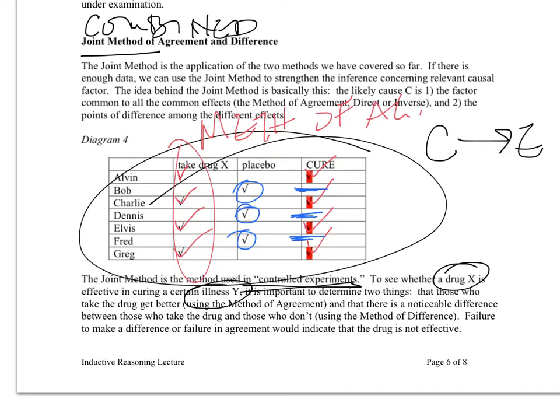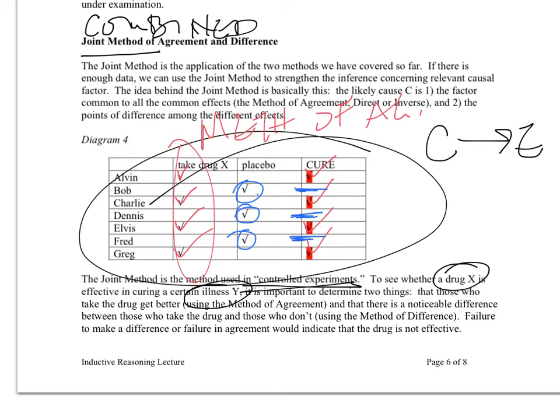It's usually in the form of a sugar pill where you basically administer something that looks like a drug as far as everyone is concerned, but it actually doesn't have that active ingredient. And placebos are very effective in the method of difference to guarantee that the drug that you're testing for is actually effective. Because if the drug that you're testing for is no more effective than the placebo, it means that the drug really doesn't do anything.